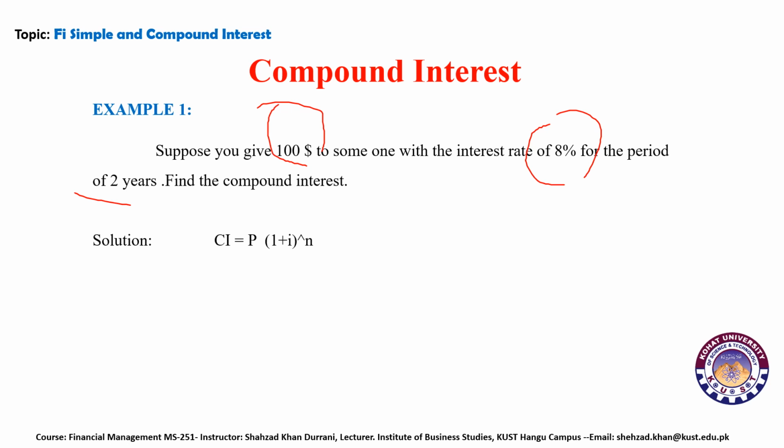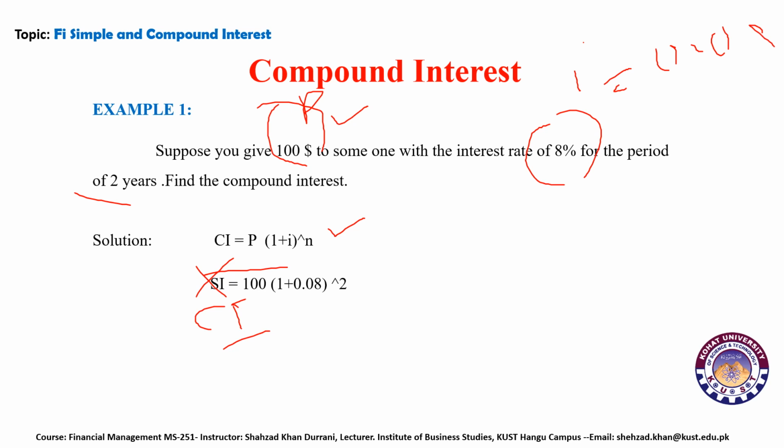So the compound interest formula is the original amount into 1 plus I, the interest rate, raised to the power n, which is the number of years given. Again, it's compound interest, not simple interest. 100 into 1 plus I. So 100 is the amount given, the P value, and I is 0.08, which is 8 divided by 100, and n here is 2, so raised to the power 2.